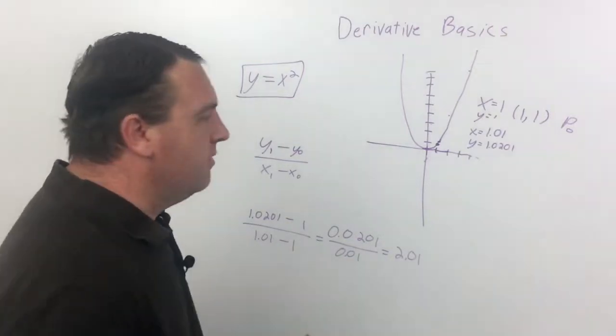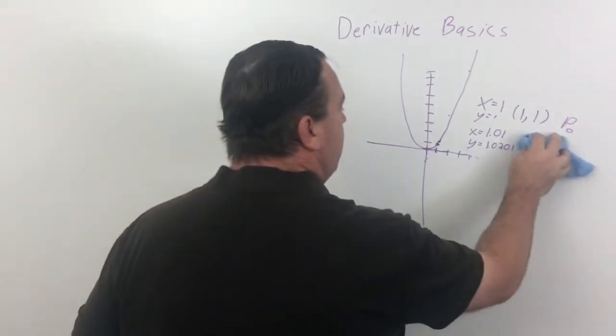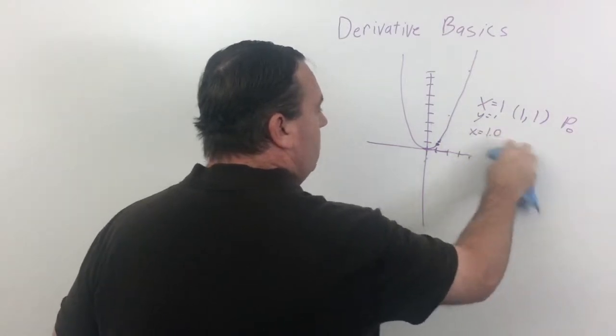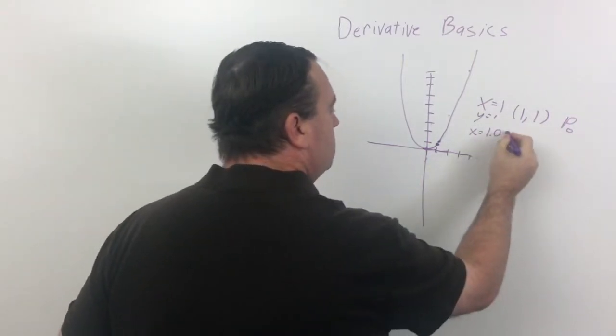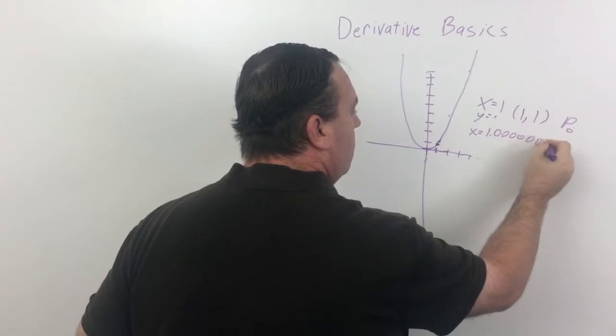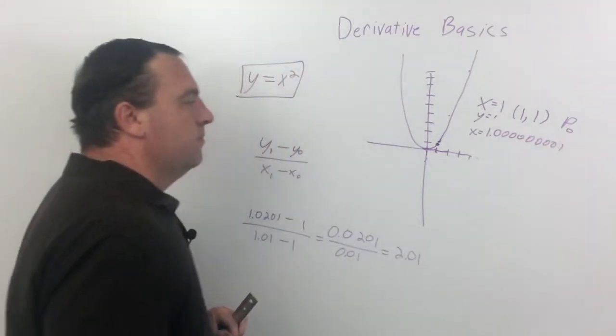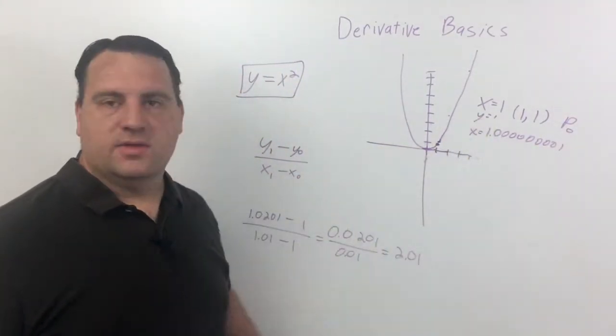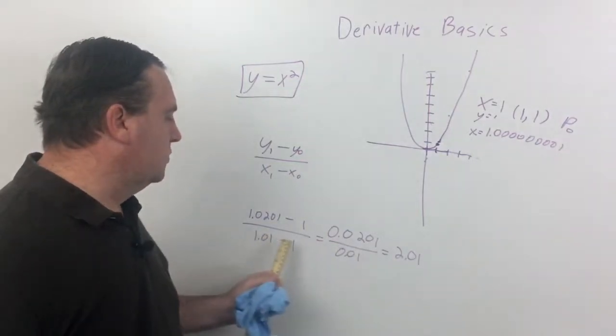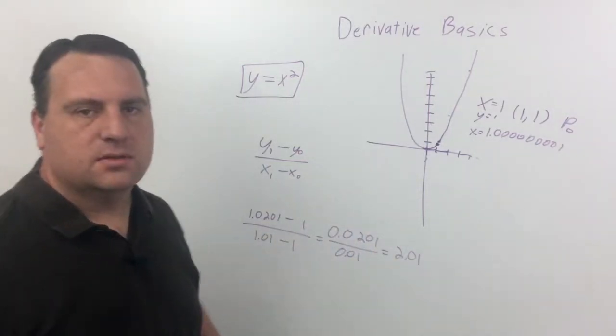And we can go on this forever. We can choose points closer and closer and get a value that's super, super close to the actual slope at that point.